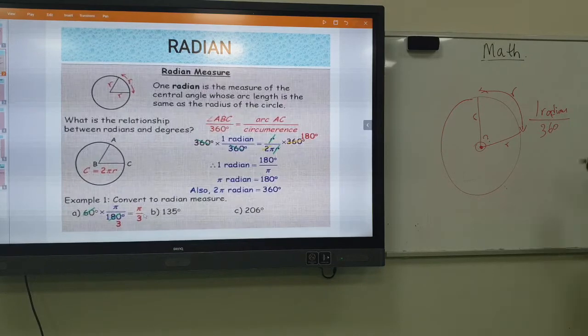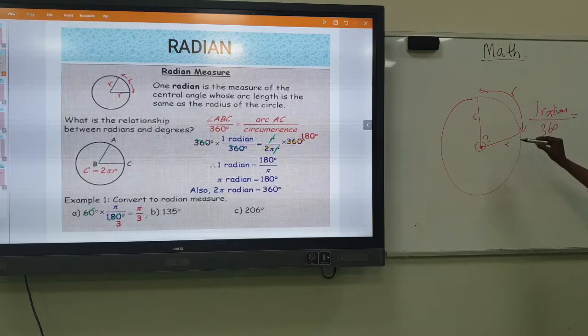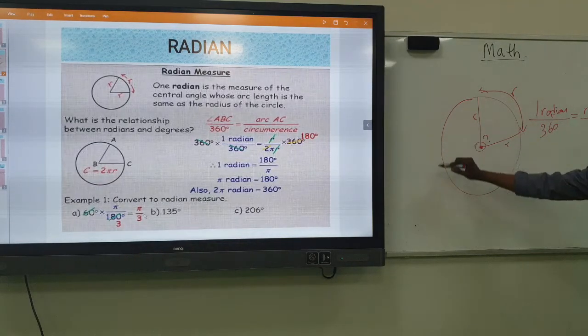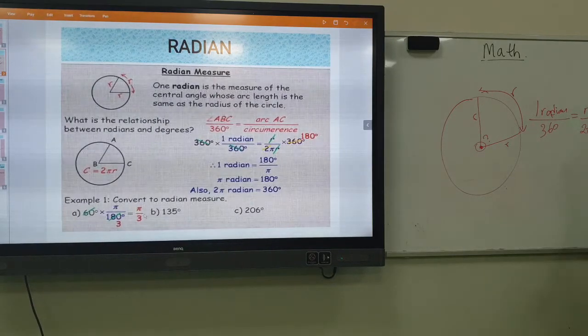So in proportionality, since we are considering the length of arc to be the same thing as the radius, then we say that the arc, which is r, is a fractional part of the whole of the circumference. And the circumference of circle is 2 pi r.